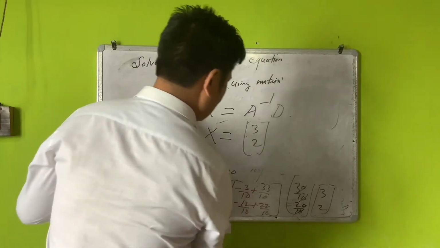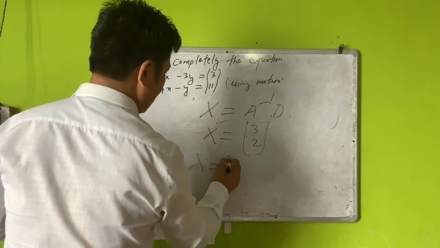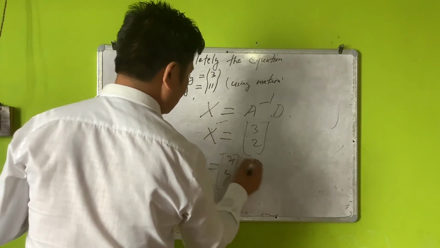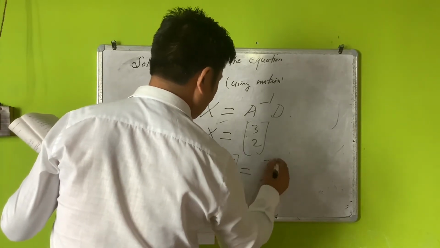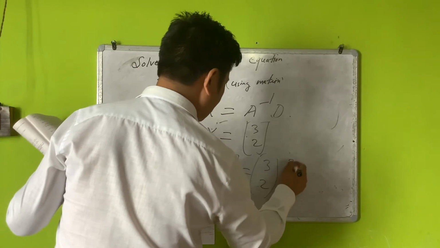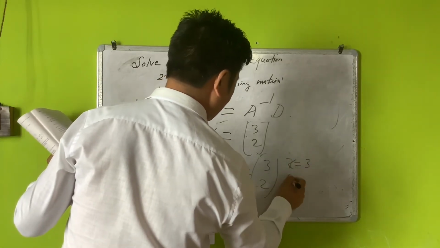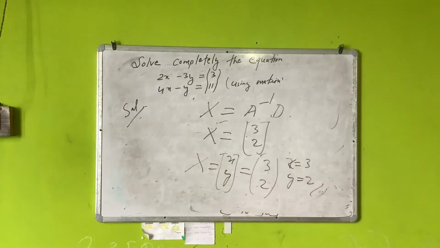So your values are 3 and 2. So x is equal to 3, y is equal to 2. This is how you have to solve this.